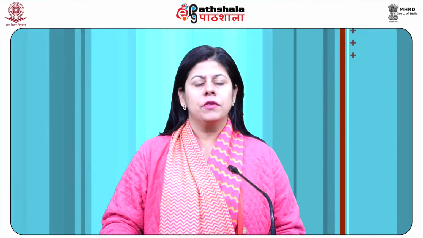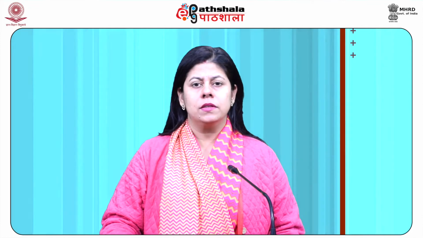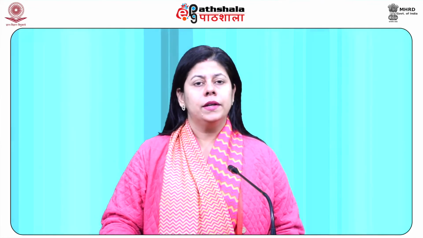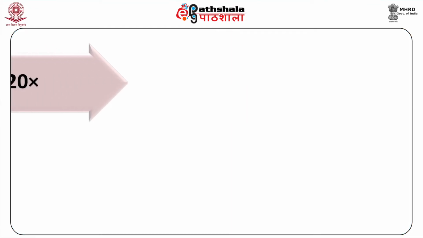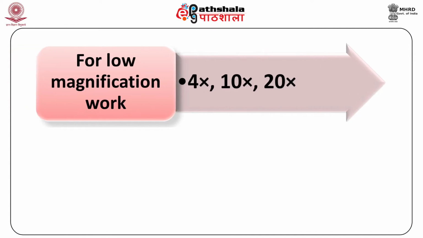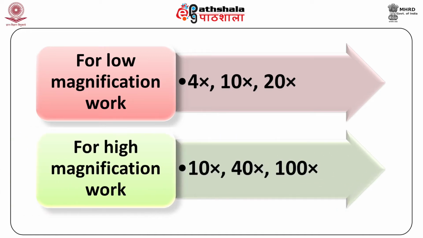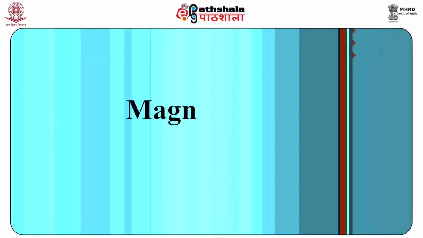The typical magnification of objective lenses depends on the intended application. A normal group of lens magnification may be 4, 10, 20 times for low magnification and 10, 40 and 100 times for high magnification work.